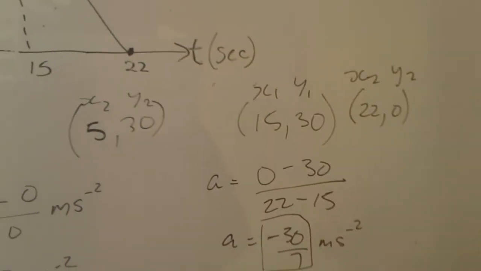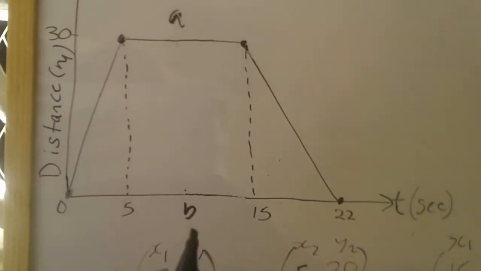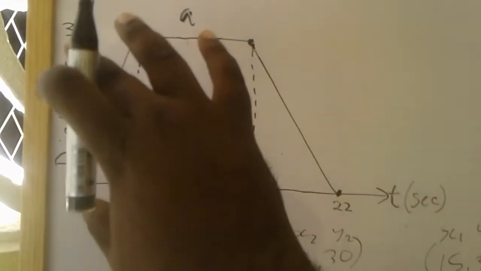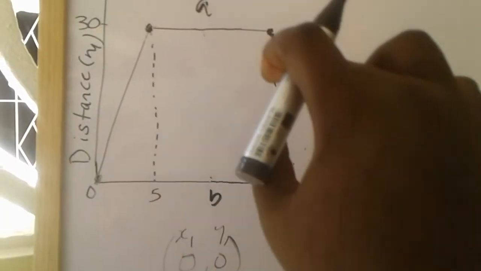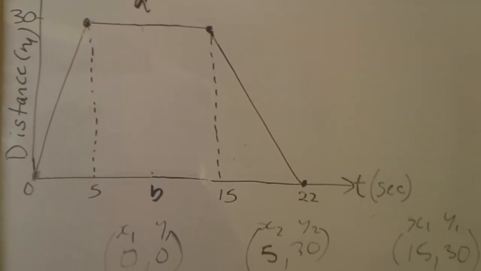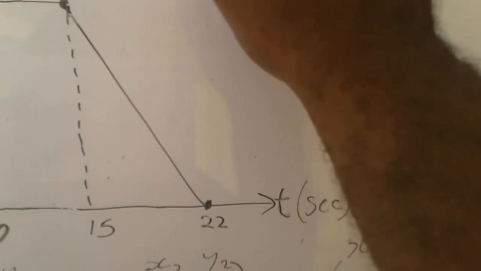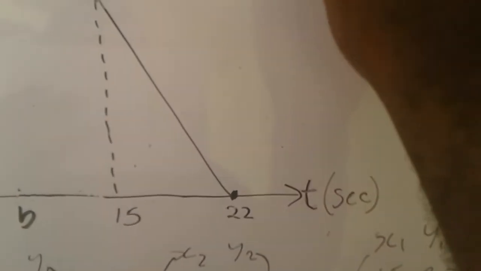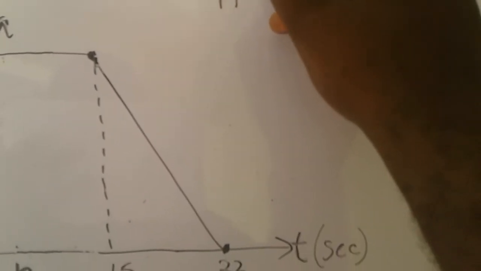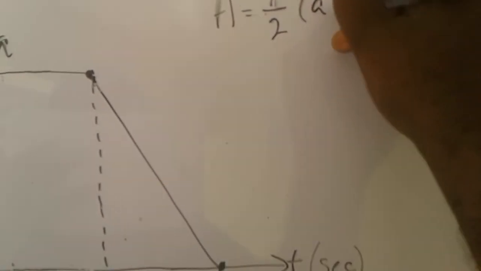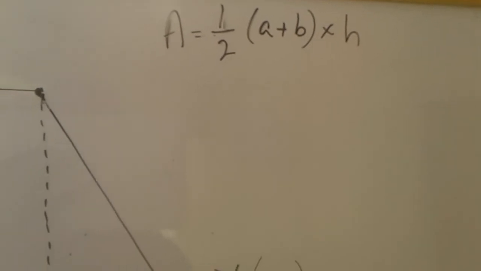Now we're also asked to find the distance traveled. The distance traveled is always the area under the graph. It's the area of the polygon that is formed. The polygon formed here is a trapezium. So how do I find the area of a trapezium? The area of a trapezium is half of the sum of the parallel sides multiplied by the perpendicular height.